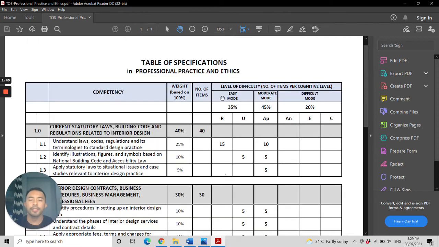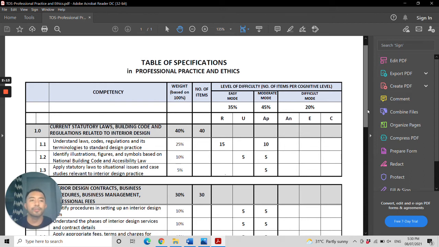Also, the exam should be based on the revised Bloom's taxonomy. That means it will have different cognitive levels. For the easy mode, that will be about remembering and understanding the lessons. For the moderate mode, that will be applying the lessons that you have learned. And for the difficult mode, analyzing, evaluating, and grading.